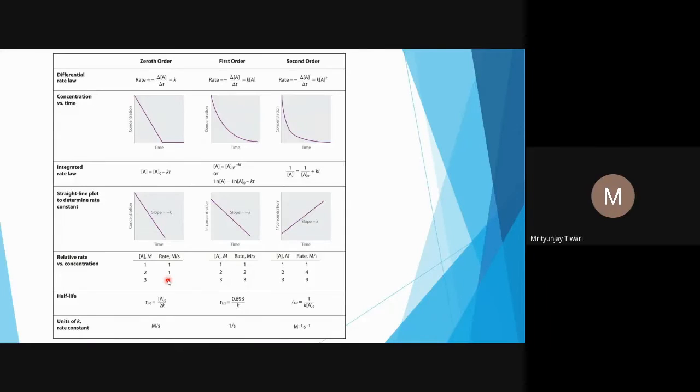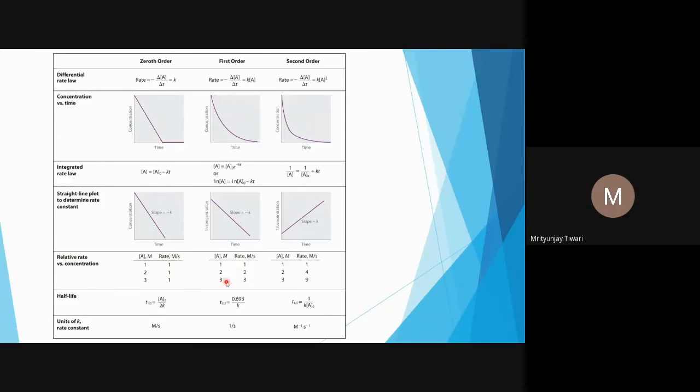For the zeroth order reaction, again, the rate doesn't depend on the initial concentration, but T half, the half life of the reaction, depends on the initial concentration. But for the first order reaction, T half doesn't depend on the initial concentration, but the rate depends on the initial concentration.